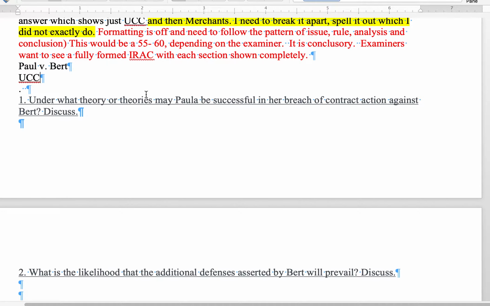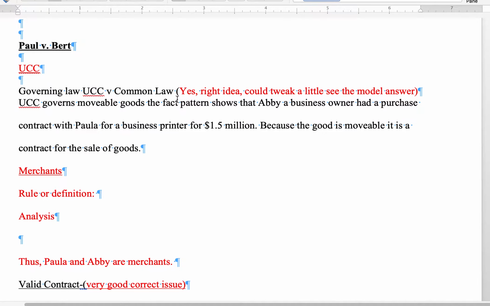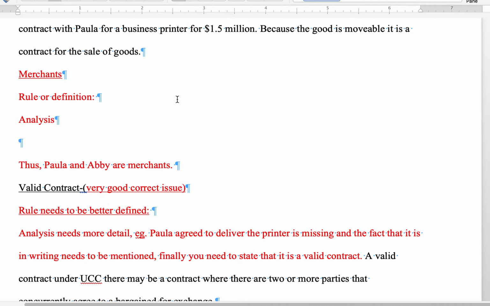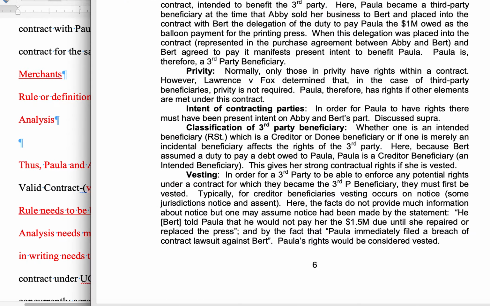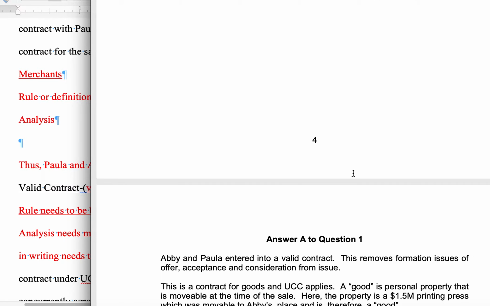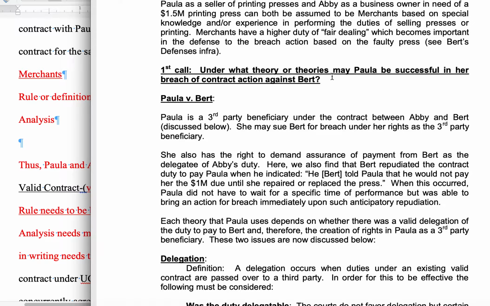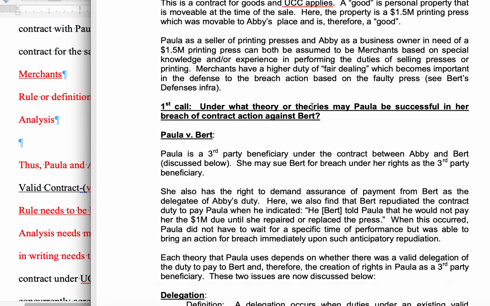Okay, so we have our UCC, Paula versus Bert, and then the merchants, right? So in both of these, she put right up here, UCC applies. Now this is a little bit harder on the examiner because she didn't put in here UCC and break it apart.